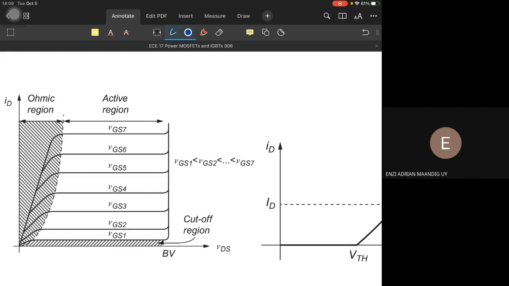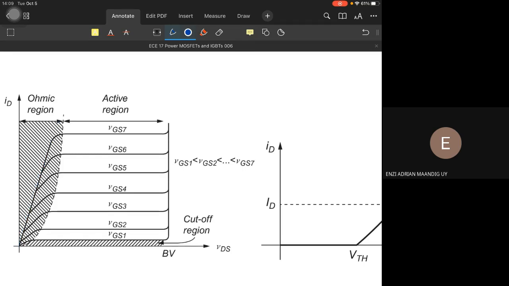It is ohmic because somehow we can measure a constant resistance across the drain to the source terminals when current flows. That's why it is called ohmic, or linear region. So that is like a resistor, right? The graph of a resistor is a straight line.